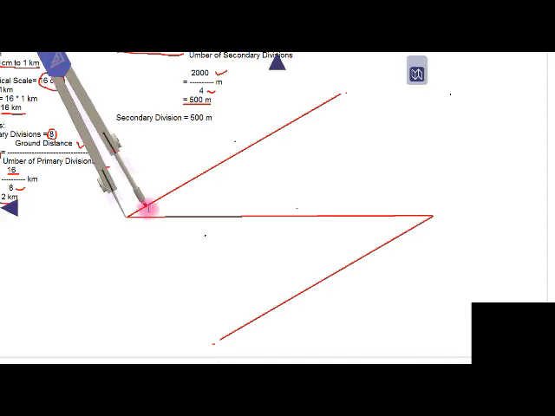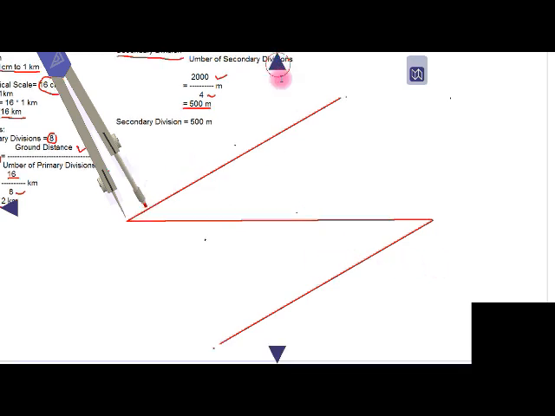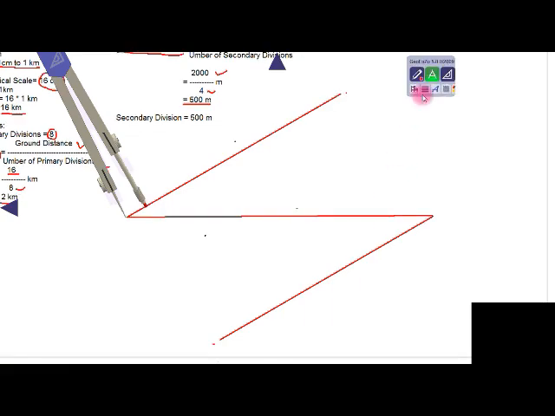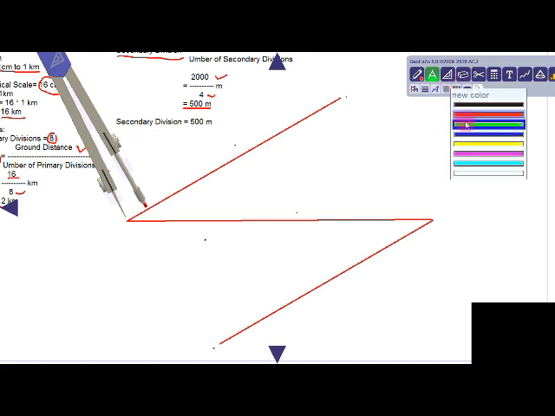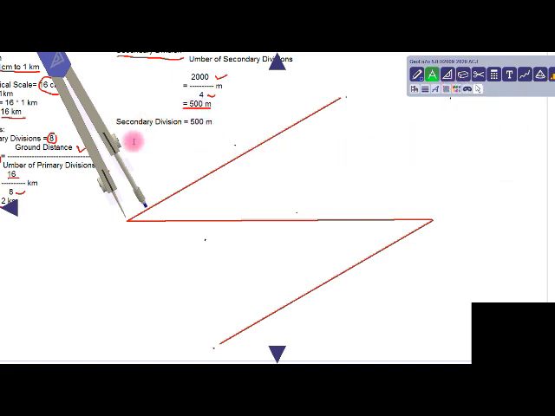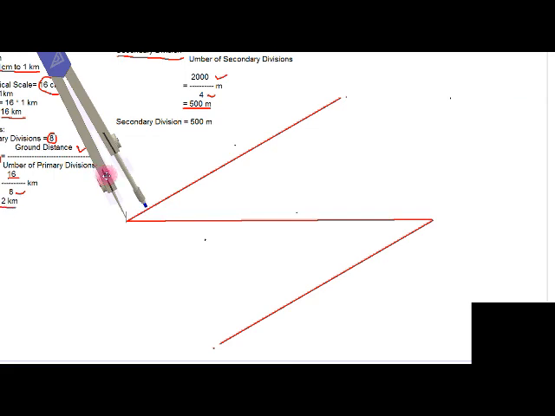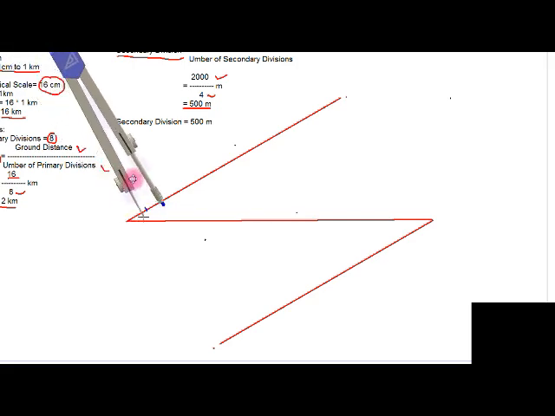By that randomly taken distance, we have to divide this diagonal line into the expected divisions. How many expected divisions? The expected divisions are 8.